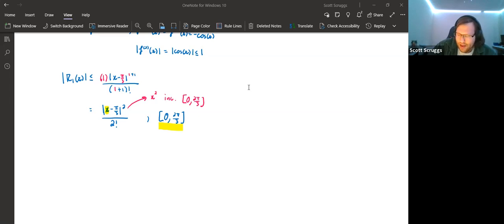And the reason why I am mentioning that again is because I can get rid of that x by writing as my next bound a less than or equal sign over the right endpoint.